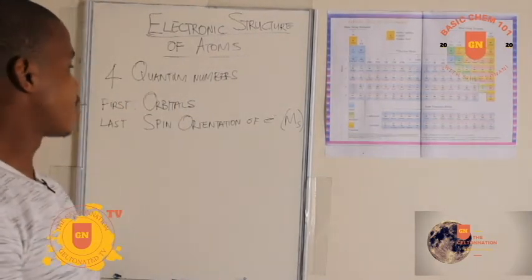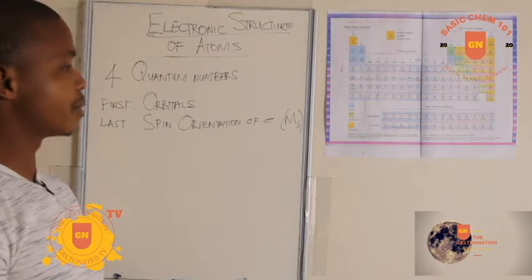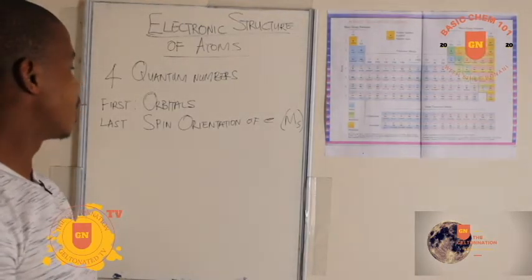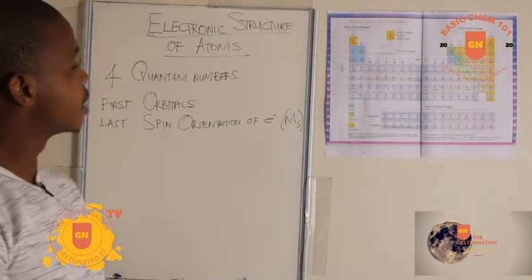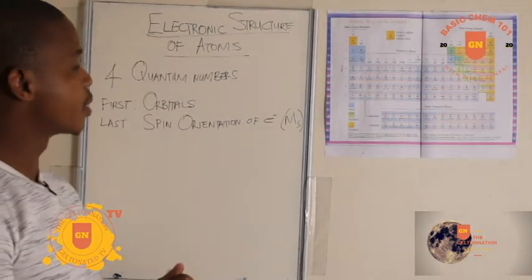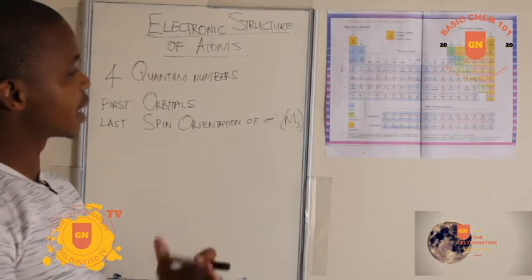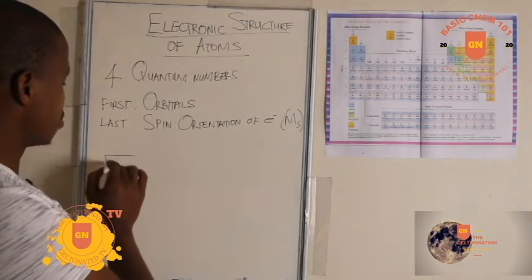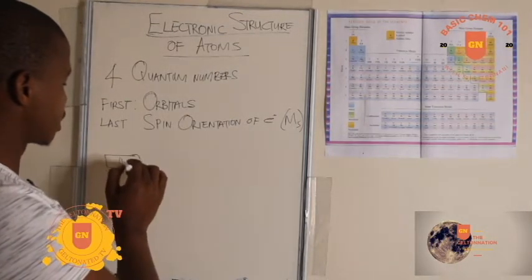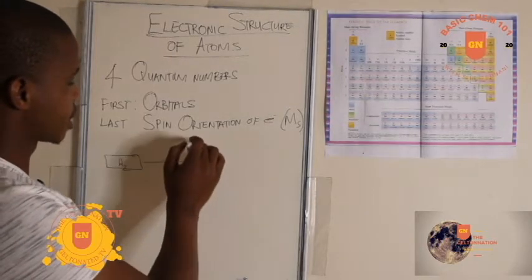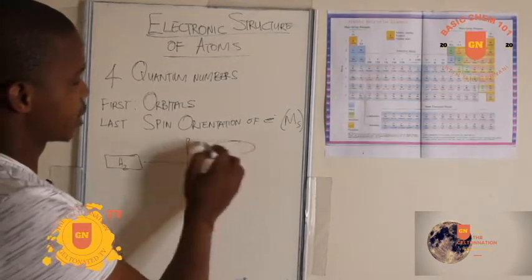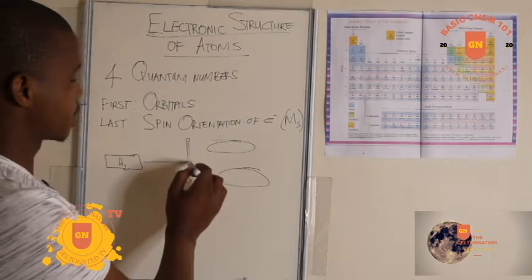Now, the spin quantum number was discovered when a beam of hydrogen gas atoms was put in a magnetic field.